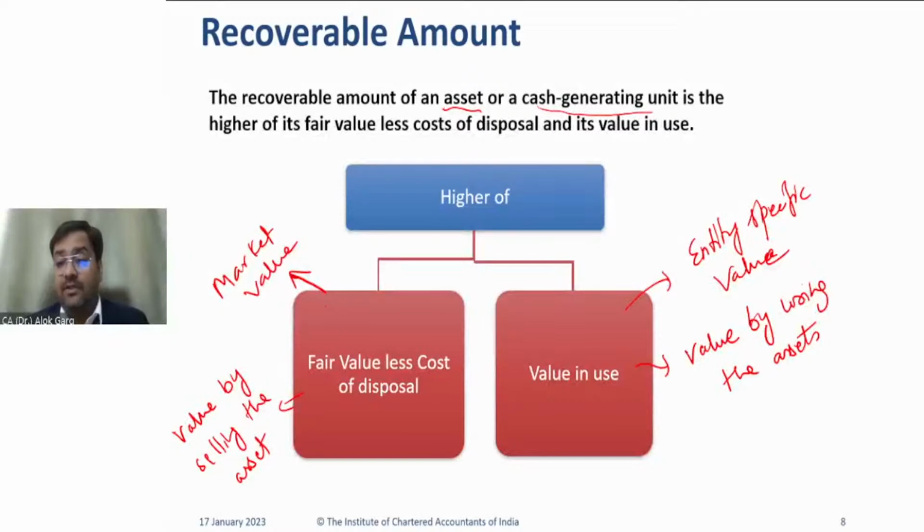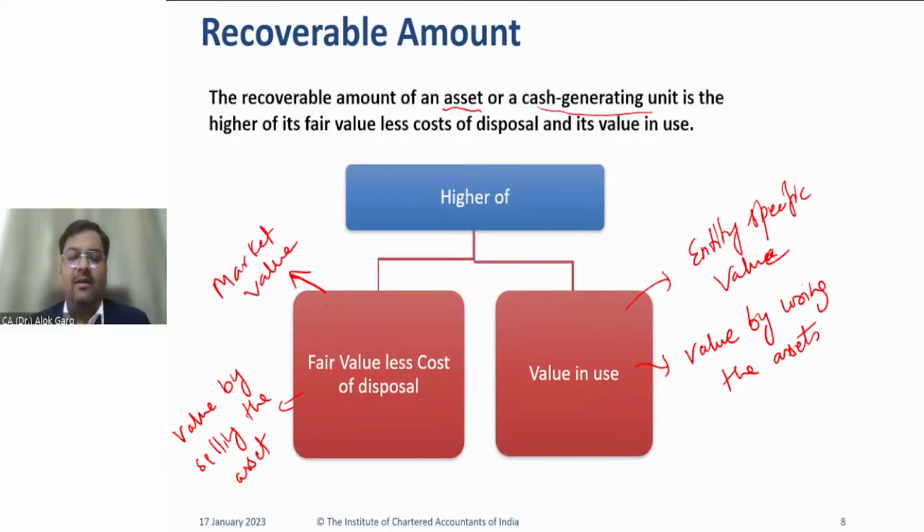So this is a market value, and of course you will get 10 lakh rupees only when you sell the car. The company also tells you that if you want to sell this car, you have to pay this much commission or brokerage, and these are the transfer charges.